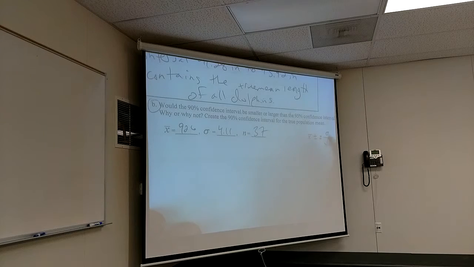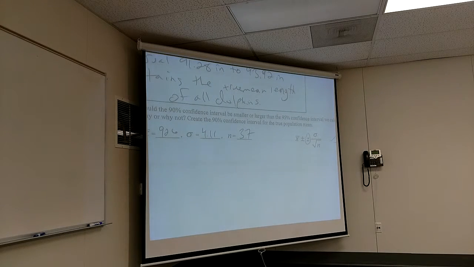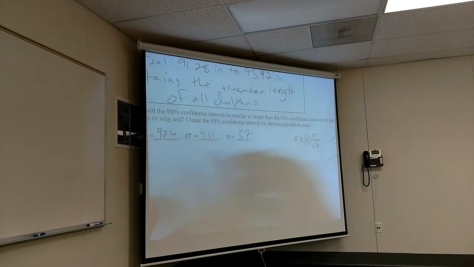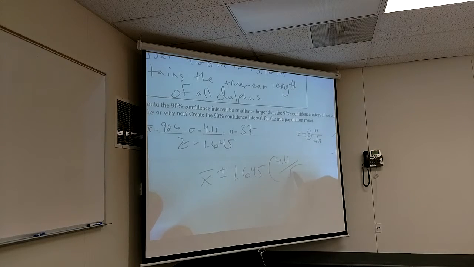So for this one, what's the z-score going to be now? So I want a 90%. Hopefully some of you remember we got that little baby chart. It should be on that one, right? Yeah. So 1.645. So z is 1.645. And then you just plug stuff in. 1.645 times 4.11 divided by the square root of, what was it, 37?